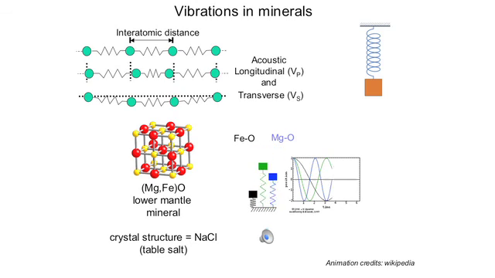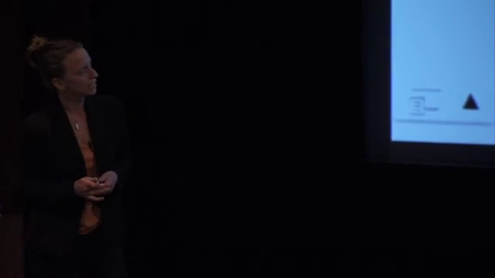That sort of depicts the range of motion: the magnesium and oxygen have a higher frequency of vibration than the iron and oxygen bonds, just from measurements that have been done at low pressures, to give an impression of what these different frequencies mean.